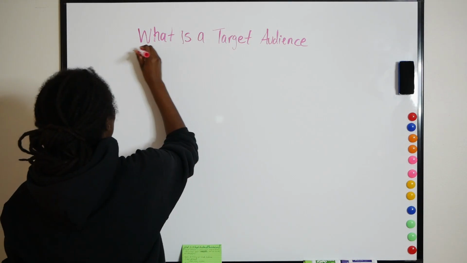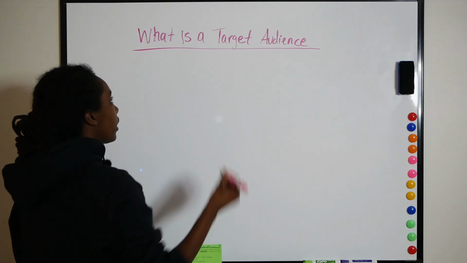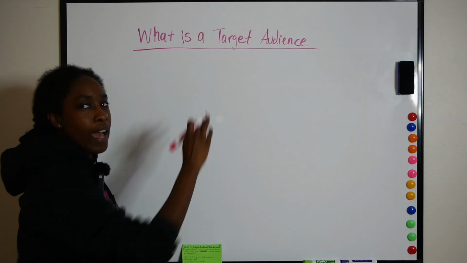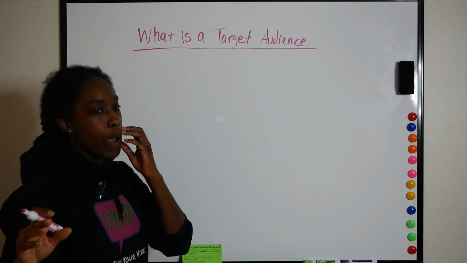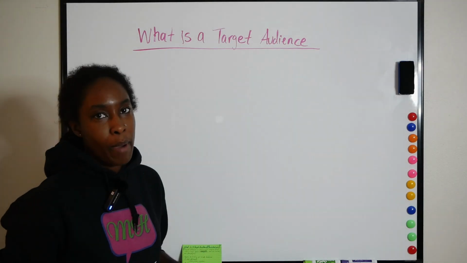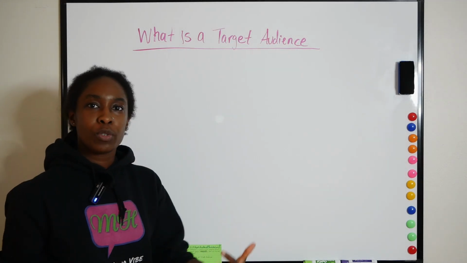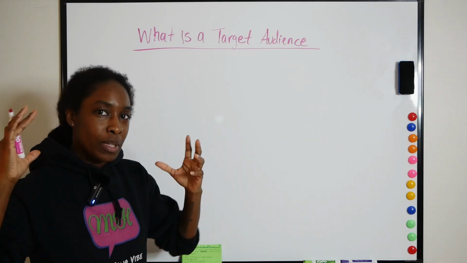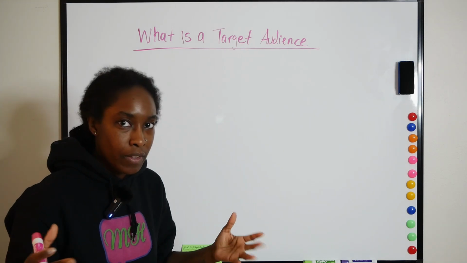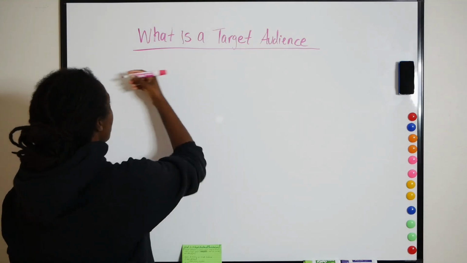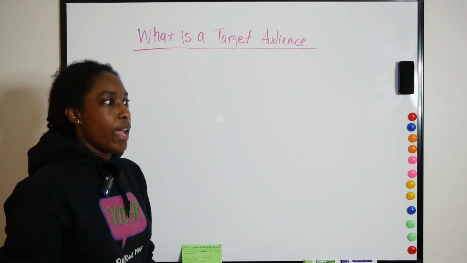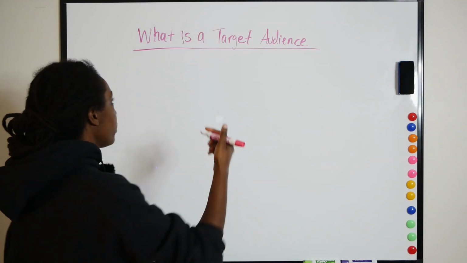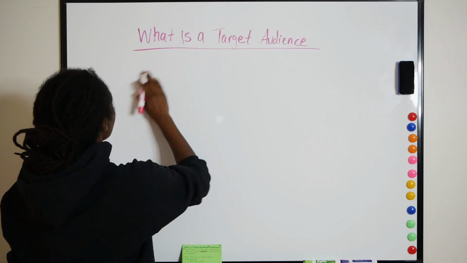All right, so we're gonna talk about what is a target audience. Your target audience is basically gonna be a subset of people within the population. We have the general public, and then you're gonna be looking for very specific people based off of certain interests.